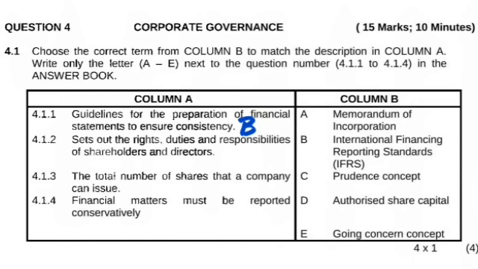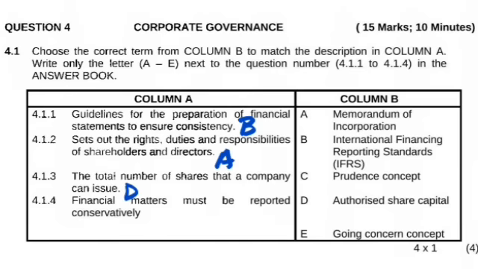In 4.1.2 it says it sets out the rights, duties and responsibilities of shareholders and directors. What we call this is the memorandum of incorporation. When a business starts, it gets a memorandum of incorporation, and it sets out those rules for us. In 4.1.3 it says the total number of shares that the company can issue. If you remember your ordinary share capital note, you will know that this is called the authorized shares.